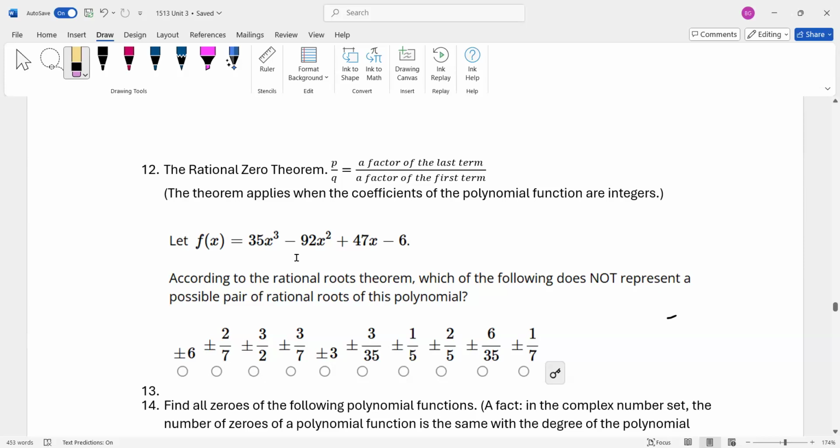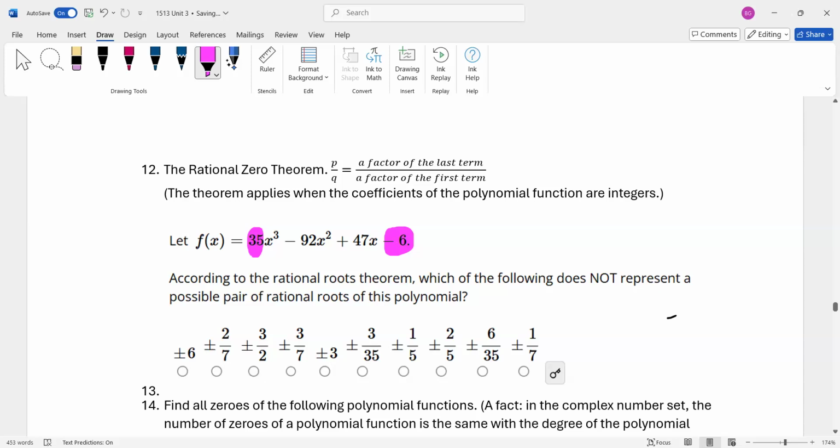And the key thing is the last term, which is a constant, and the leading coefficient. The leading term has x in it, right? So we do not worry about variable x. We look at the coefficient of the leading term.